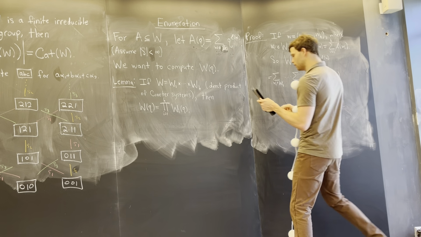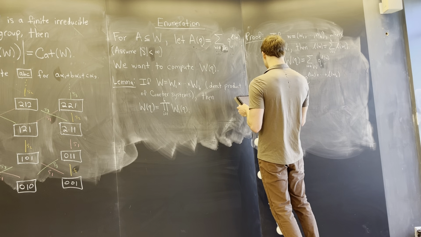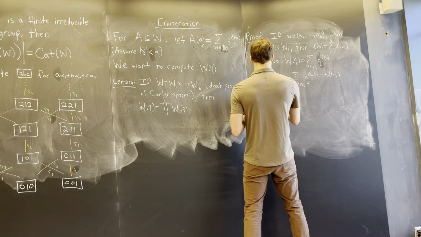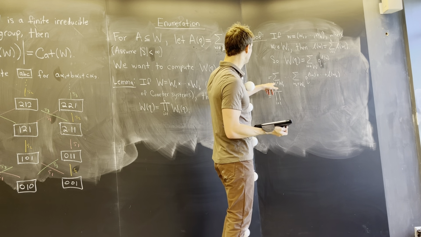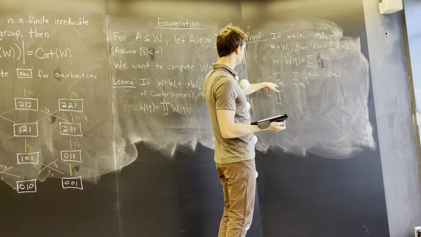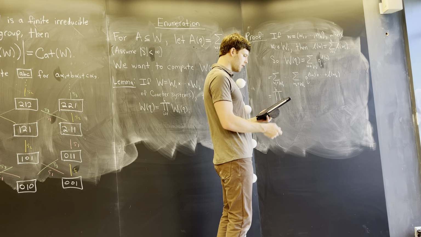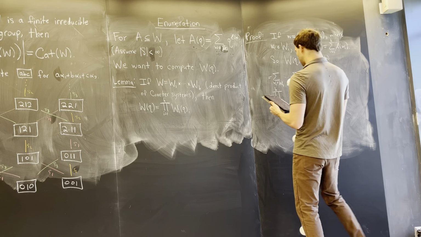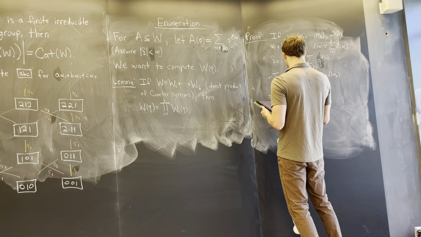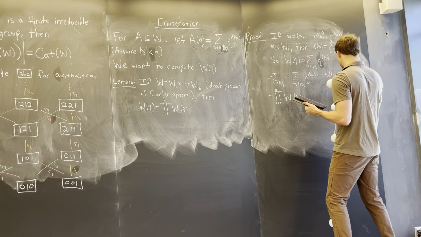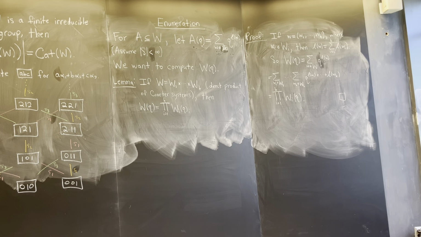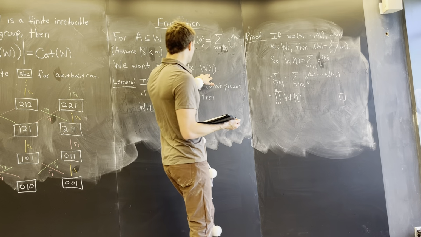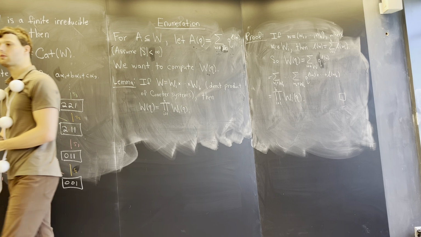And this just factors into the product from i equals 1 to K of the sum over wi in capital Wi of Q to the length of wi. So this is just what we want. So all this means is that if we want to compute this generating function W of Q, it suffices to consider the case in which W is irreducible.